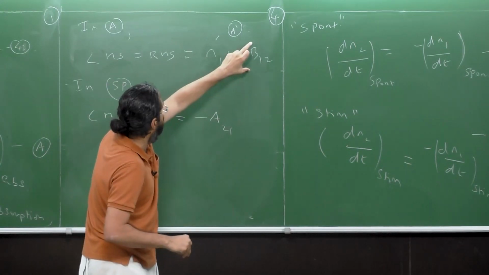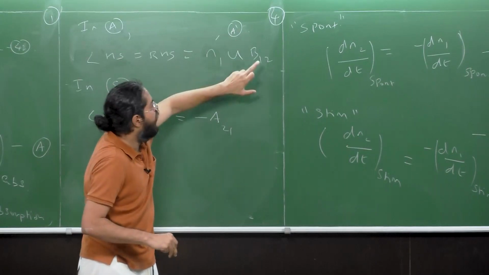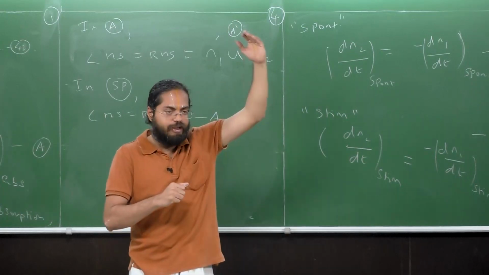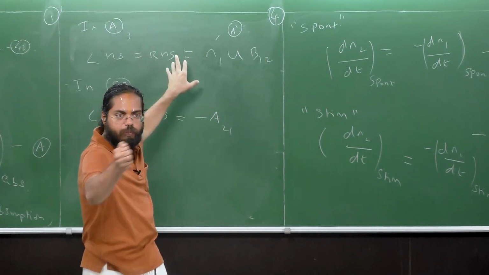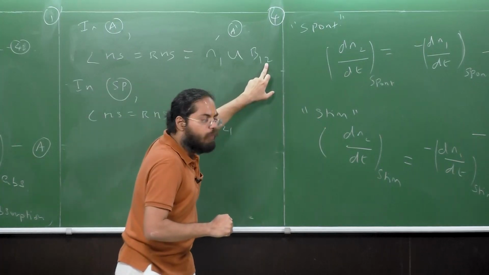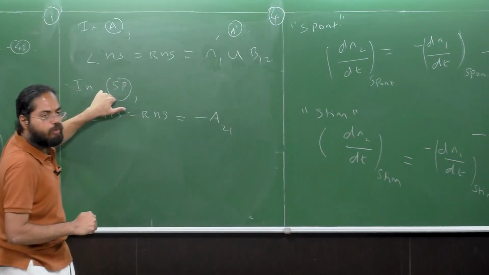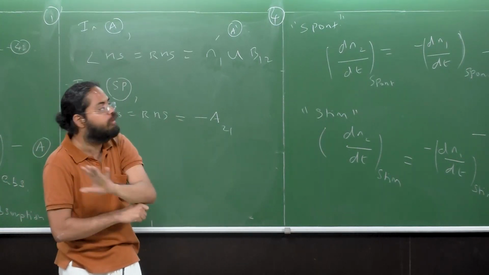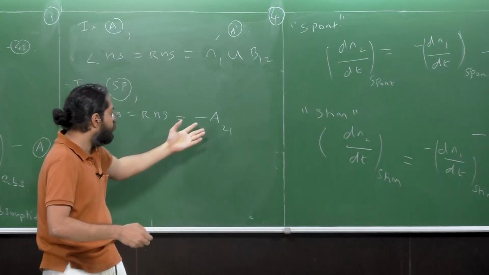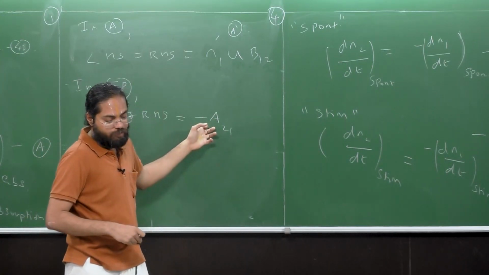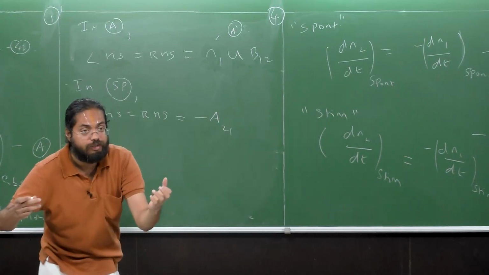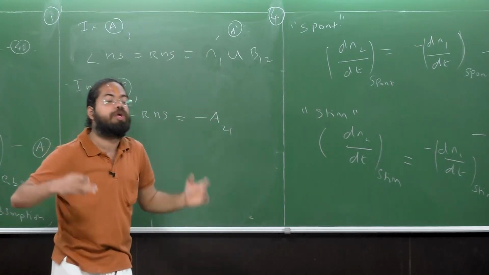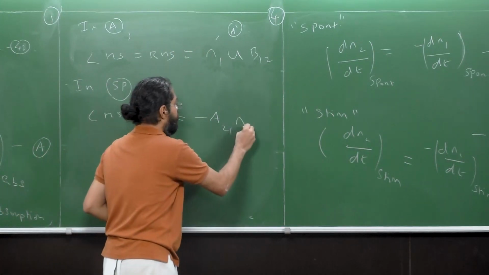When I was using the absorption notation, I used 12 to indicate that absorption means going from a ground state to an excited state. That was how we showed our equation earlier. So therefore, this is going to be B12. But because it's emission, and because it is spontaneous emission, there is no dependence on any u factor. It is just going to be some constant times, what would you guess? The number of electrons in the excited state or the ground state? It is going to be the number of electrons in the excited state.